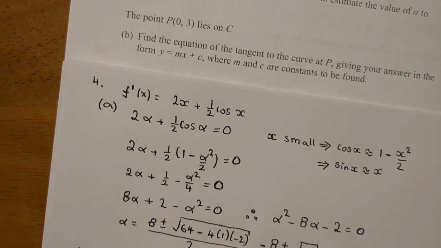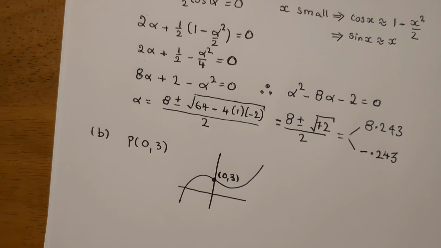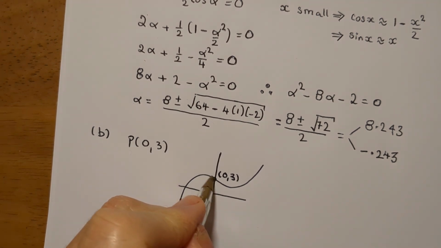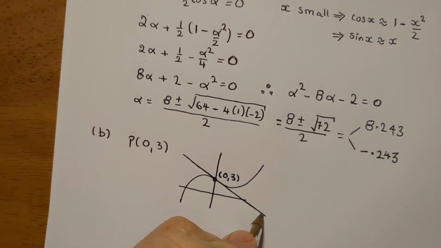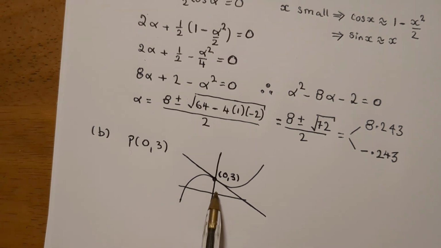And the question is asking us to find the equation of the tangent at P. So it's asking us to find the equation of this line. Bear in mind my curve bears no relation to the true picture. Now, to find the equation of the tangent, we need to know what the gradient is.